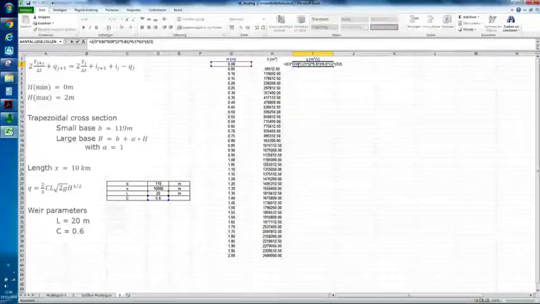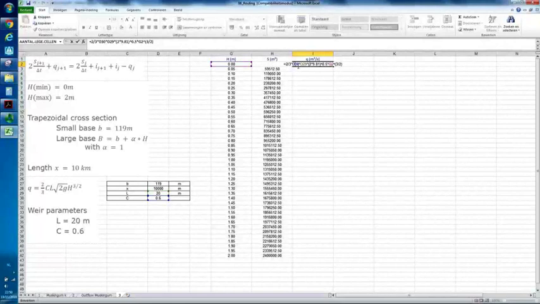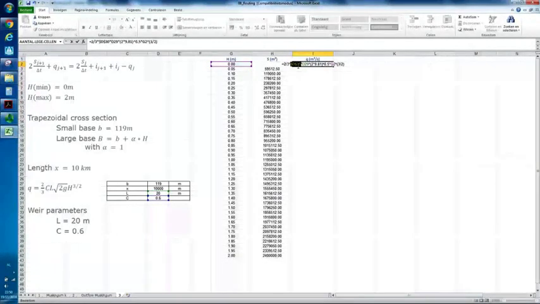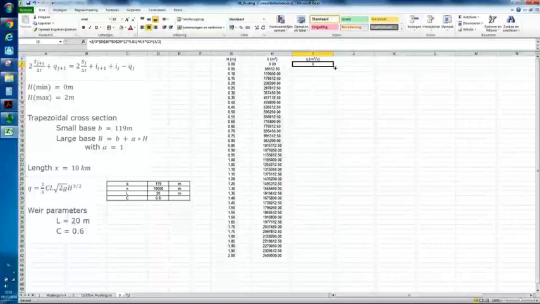Let's make sure that we refer to fixed values here. So F4 for the C value, F4 for the L value, and that's all.